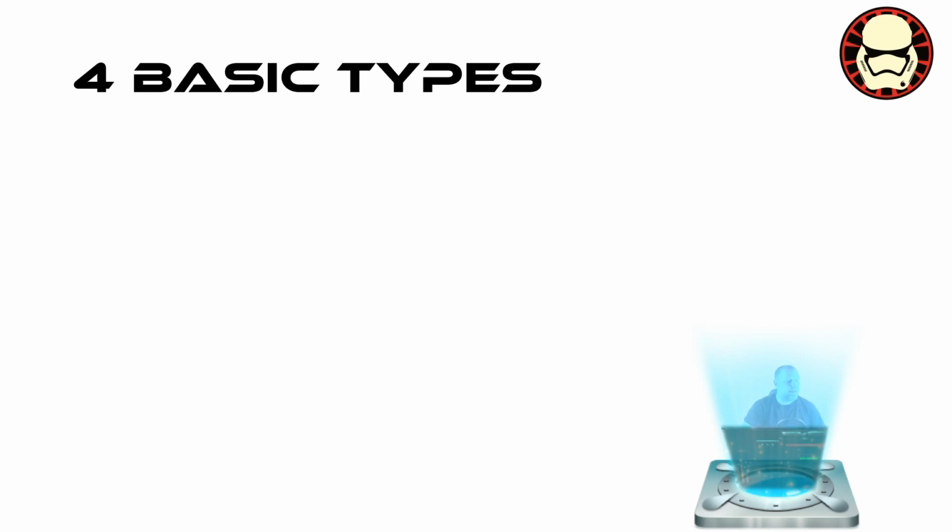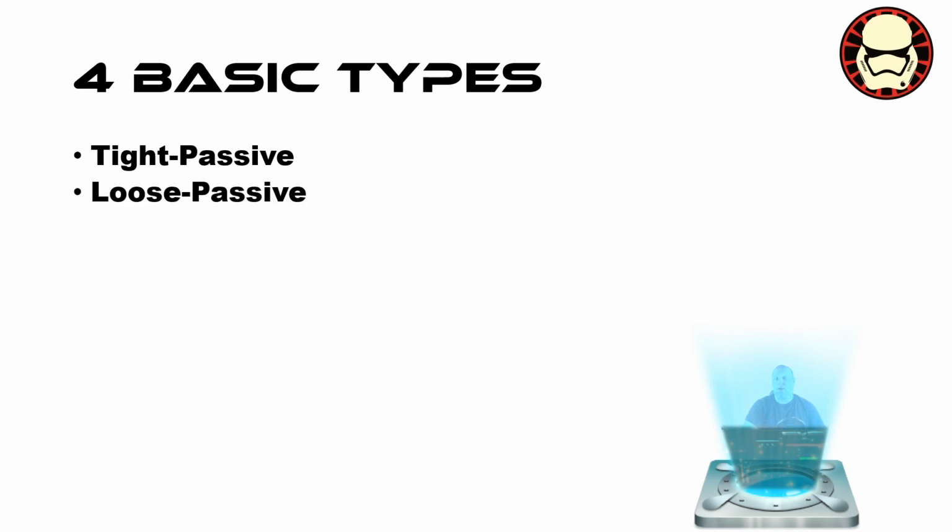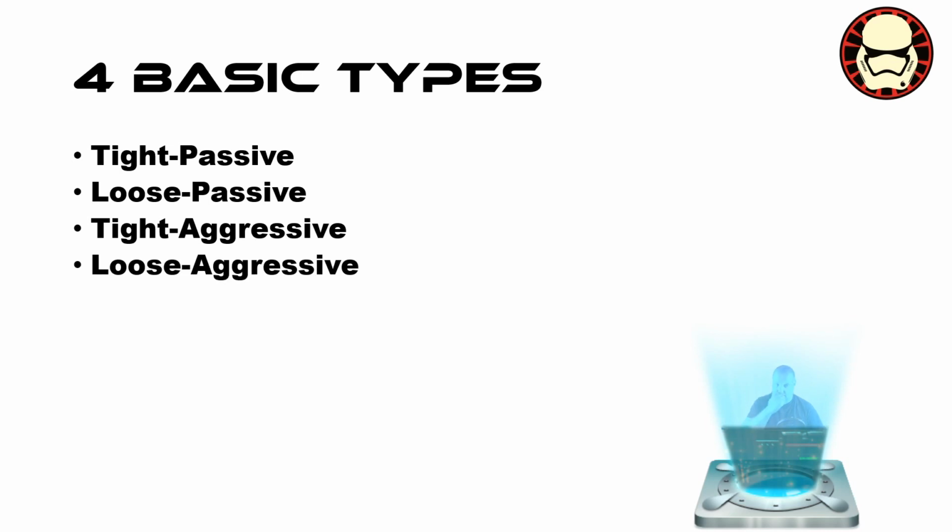And those four types are tight passive. We combine tightness and passiveness. Then we combine looseness and passiveness. That gives us the loose passive player type. And then same with tight ones, we have tight aggressive and loose aggressive. So there we have four basic types of poker players.